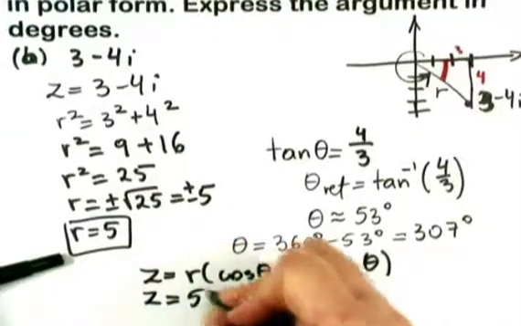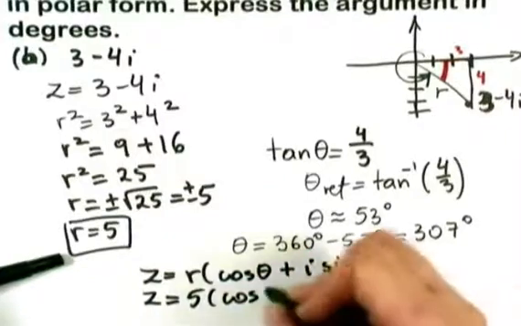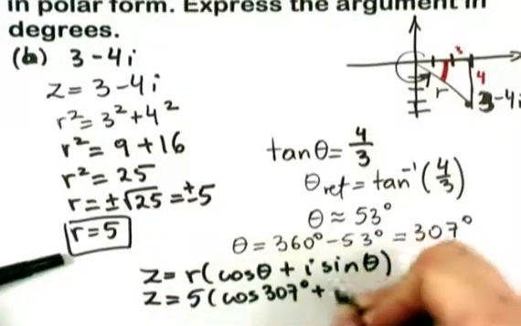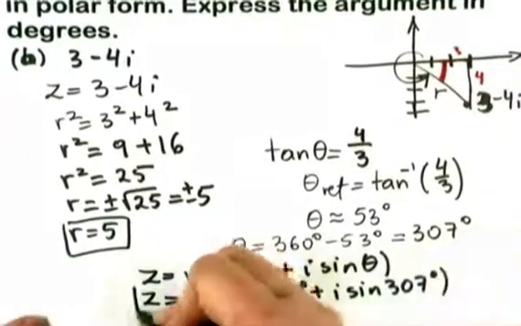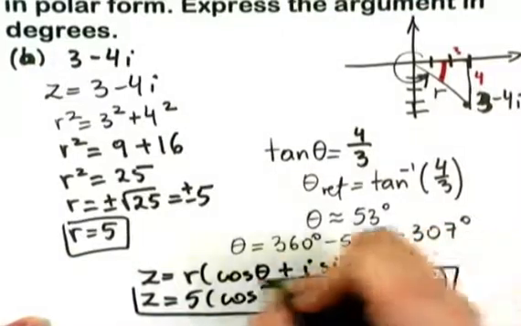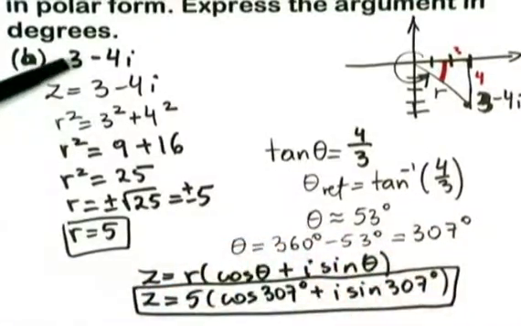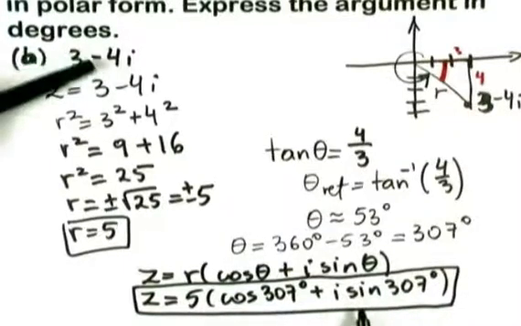So this one is 5 cos 307 plus i sine 307, and that's the polar form of the original complex number. If we punch this on the calculator, first we should get 3. We should get this number if we perform this: cos 307 and then multiply times 5 should roughly give me 3. And the same situation here, I should get negative 4.